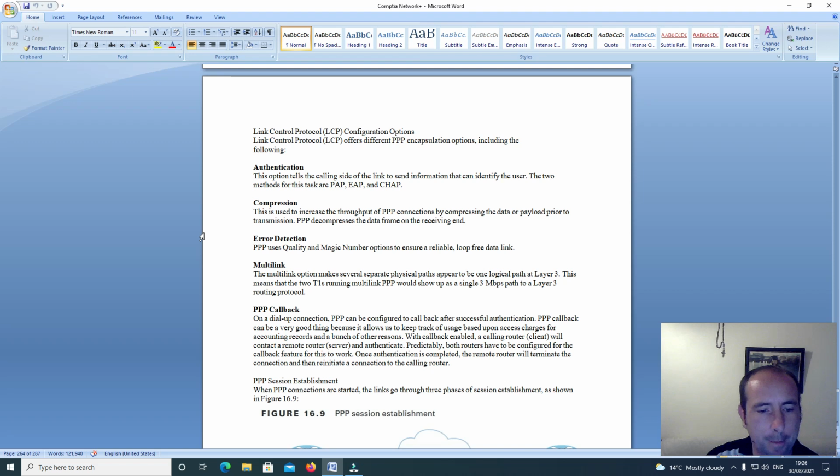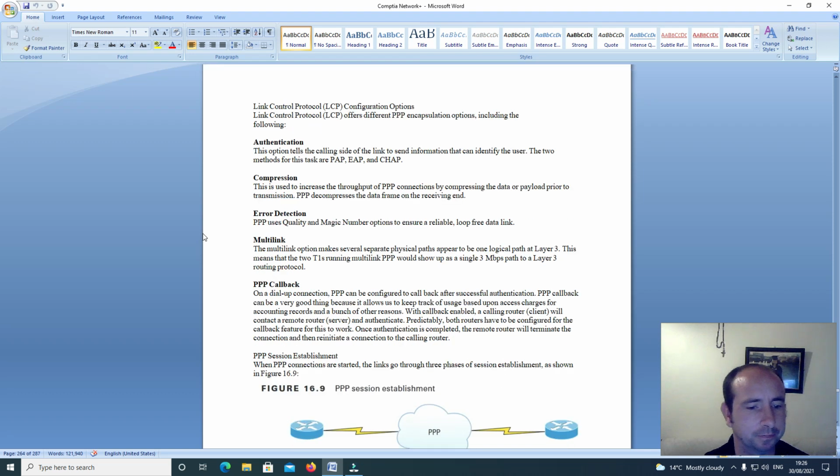Multilink. The Multilink option makes several separate physical paths appear to be one logical path at layer 3. This means that the 2 T1s running Multilink PPP would show up as a single 3 Mbps path to a layer 3 routing protocol.